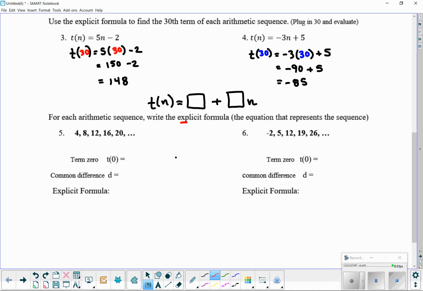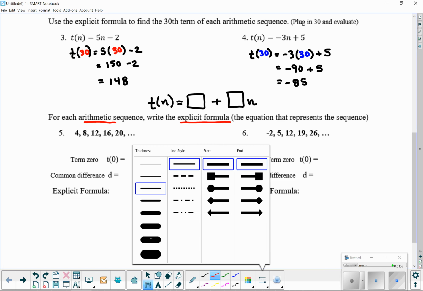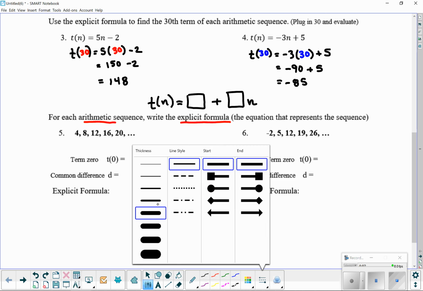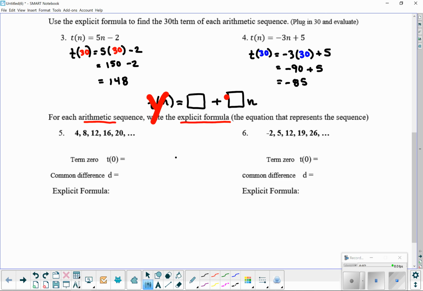It really is just y equals mx plus b, just written backwards. So our explicit formula is that T of n equation.